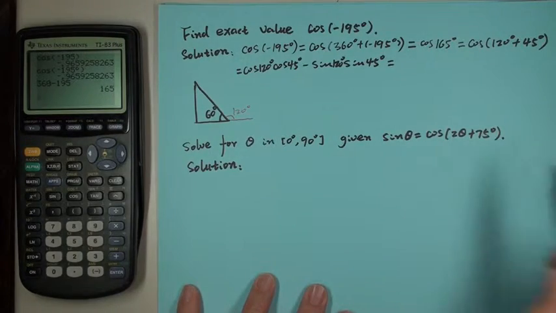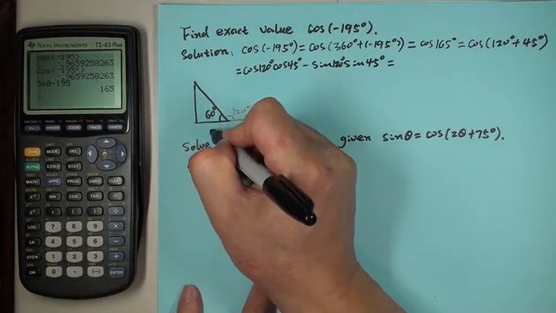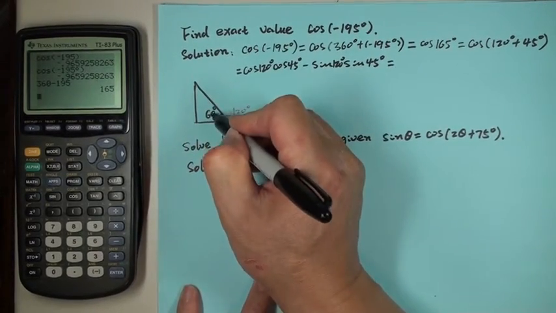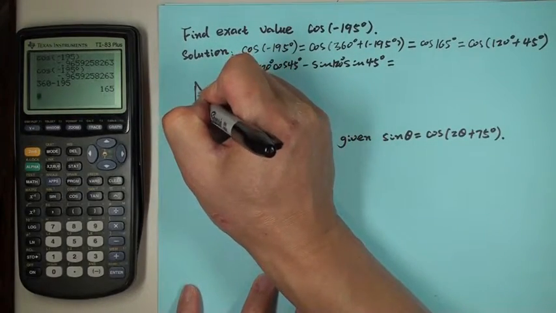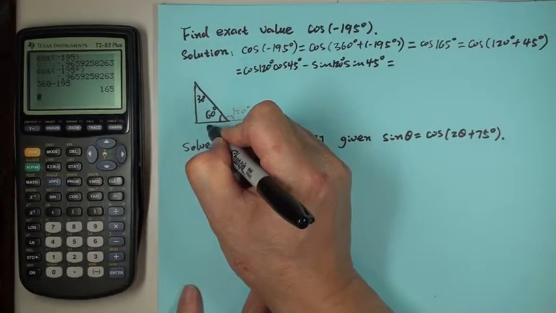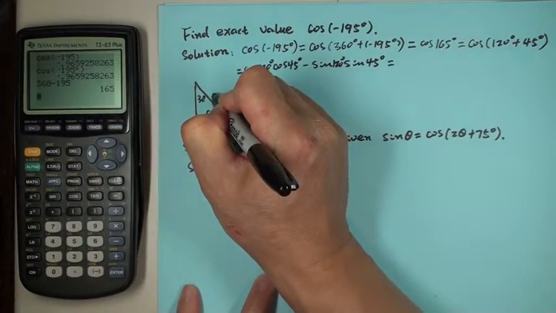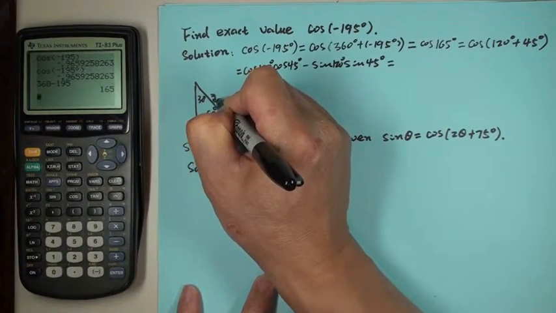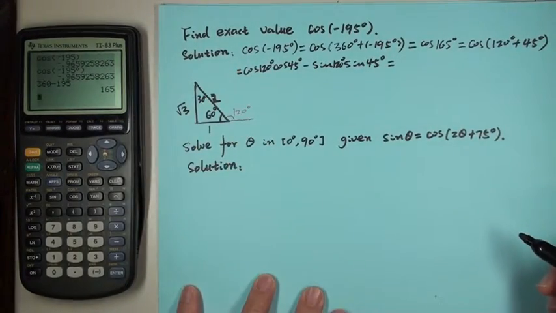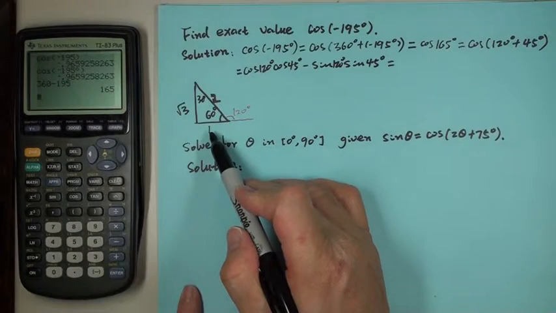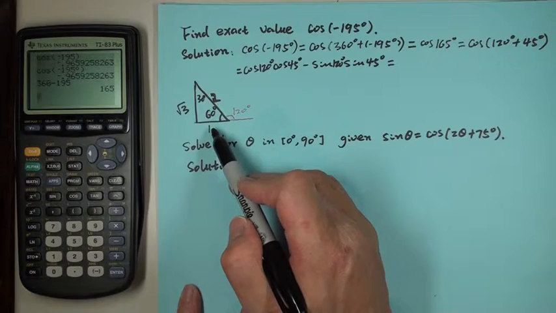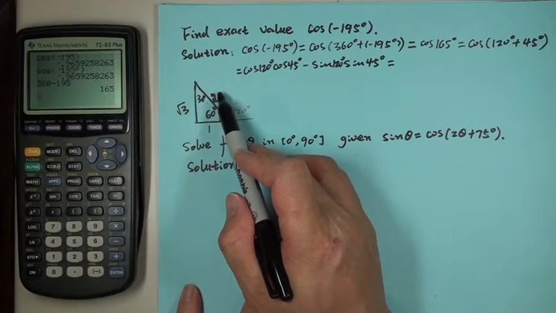So for cosine 120 degrees, if here is 60 degrees, you know here is 30 degrees. Then if this leg is 1, the hypotenuse will be 2, and the other leg will be radical 3, because 1 squared plus radical 3 squared is 1 plus 3 equals 2 squared, which is 4.